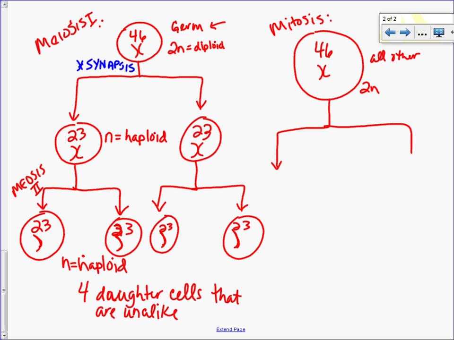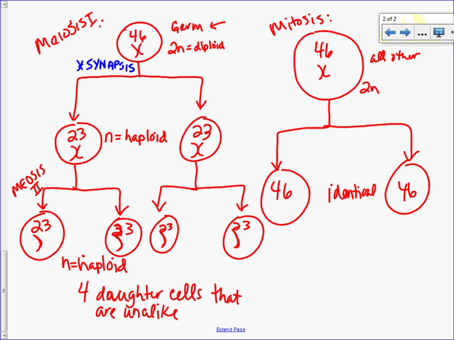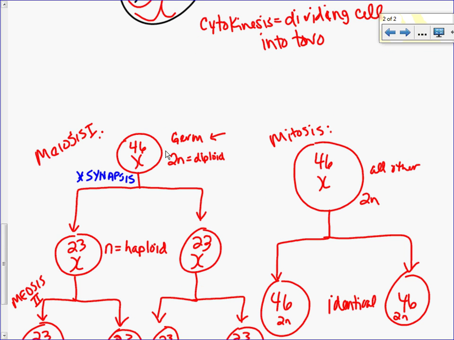It doubles its DNA, it divides, and we end up with 2 cells that are identical with 46 chromosomes each, and we still call them daughter cells. We can put 2N because it has the same as the parent. So there's the difference between meiosis and mitosis and kind of the whole process of meiosis wrapped up. Good luck on your test.